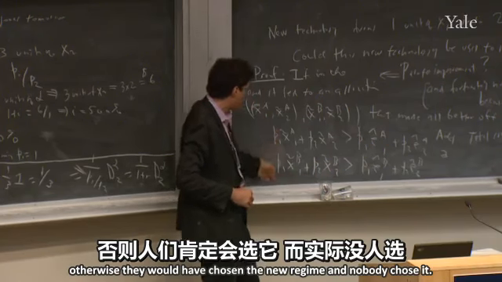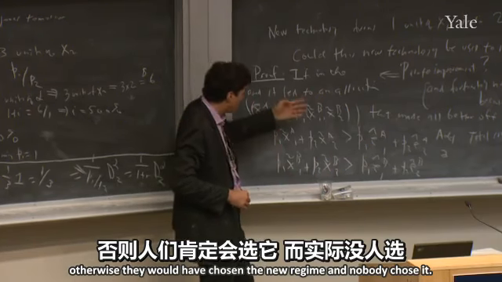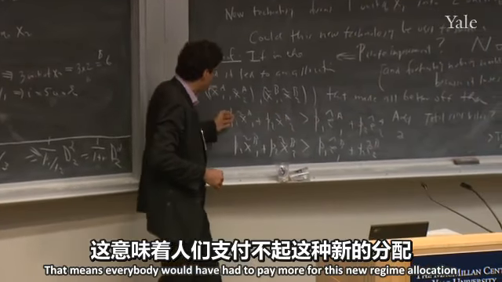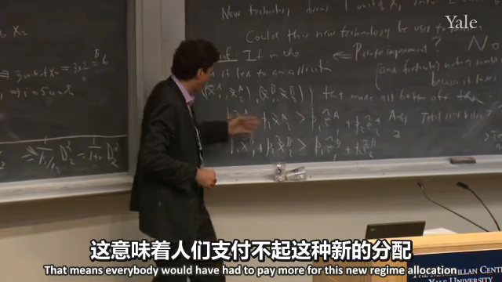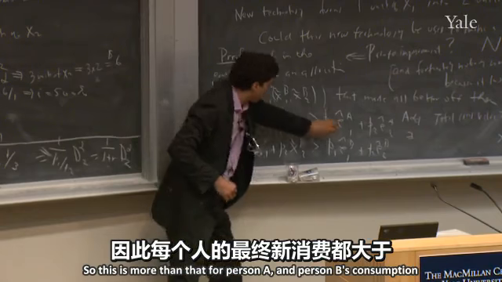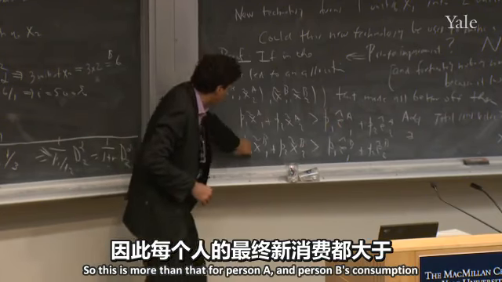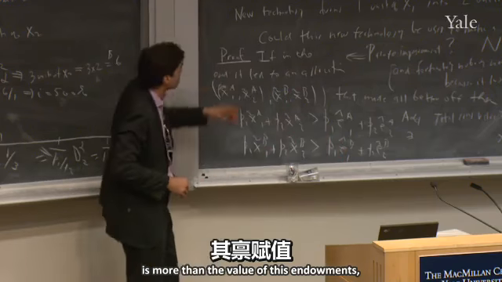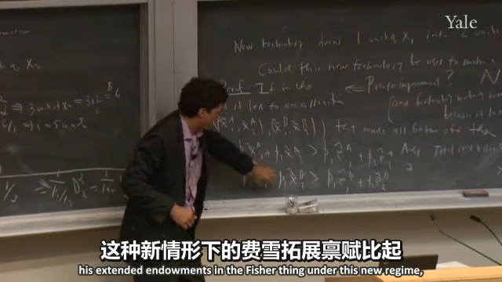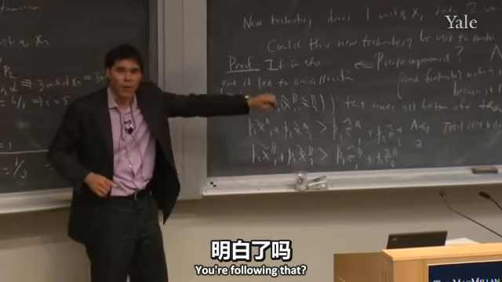Otherwise, they would have chosen the new regime. And nobody chose it. That means everybody would have had to pay more for this new regime allocation than the value of their endowments. So this is more than that for person A, and person B's consumption is more than the value of his endowments, his extended endowments in the Fisher thing, under this new regime. You're following that?